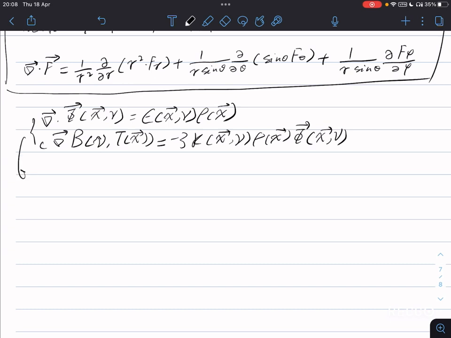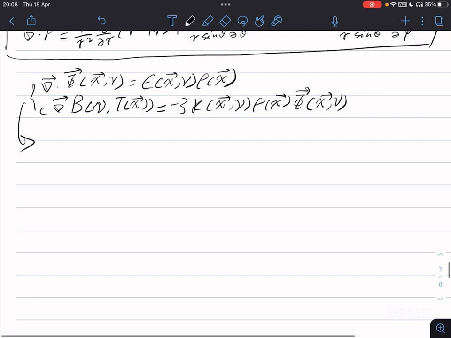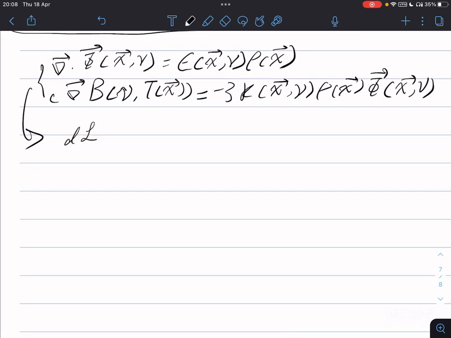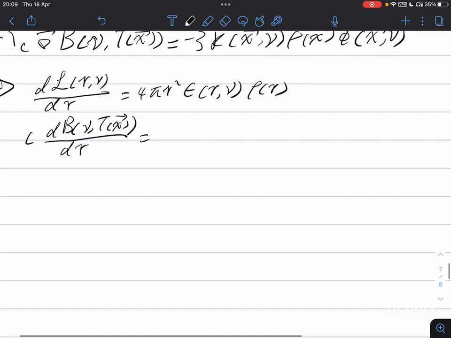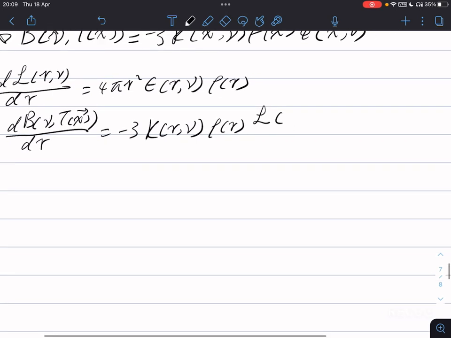Calculating these two, we obtain dL over dr equals 4 pi r squared epsilon r nu times rho r, and c times dB_nu(T) over dr equals minus 3 chi r nu rho r times L r nu over 4 pi r squared.